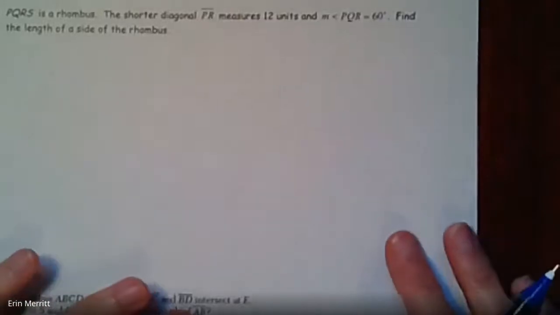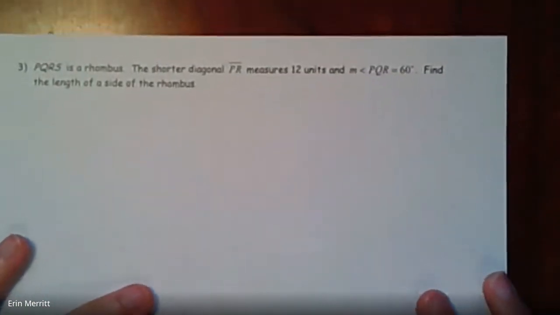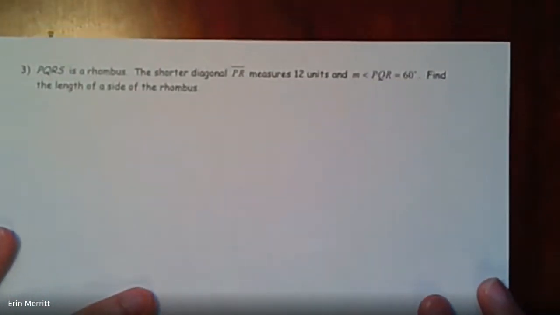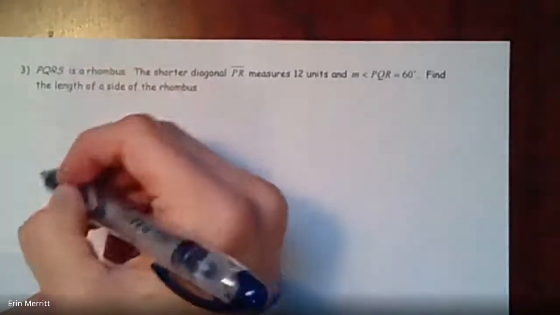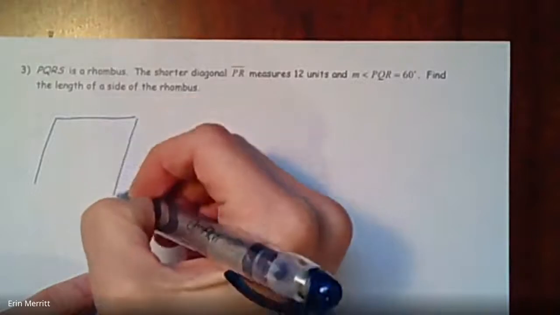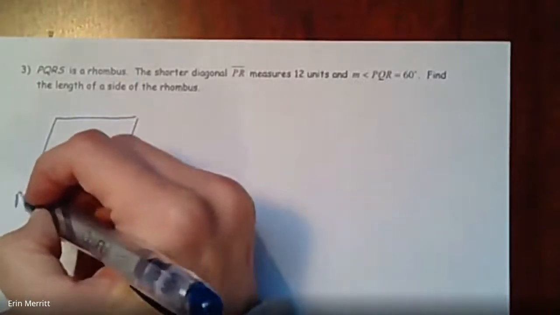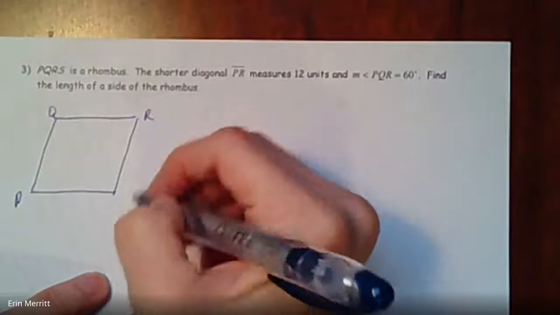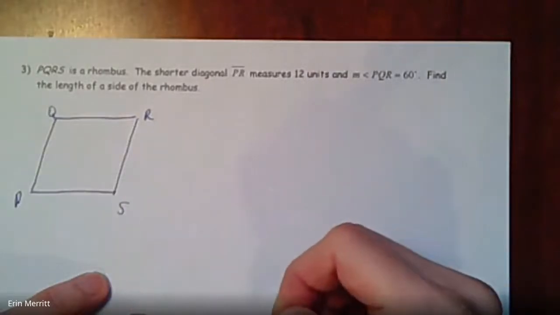With this, it's saying for number 3, you have PQRS is a rhombus. They tell you about the shorter diagonal. Find the length of a side of the rhombus, excuse me. So give yourself a picture. Remember, rhombus means all the sides are the same. So P, Q, R, S. The shorter, oh shoot.